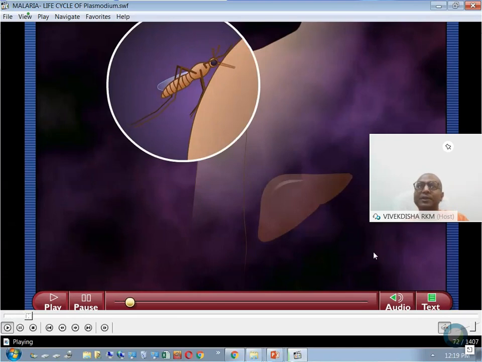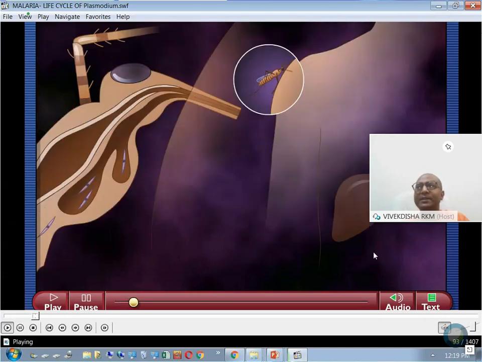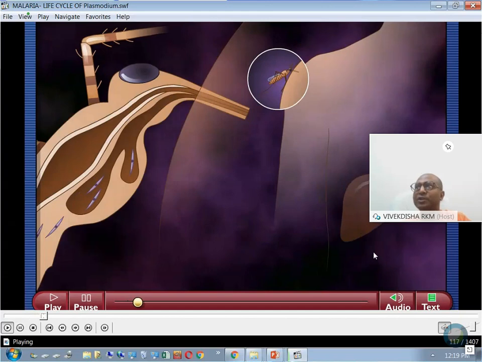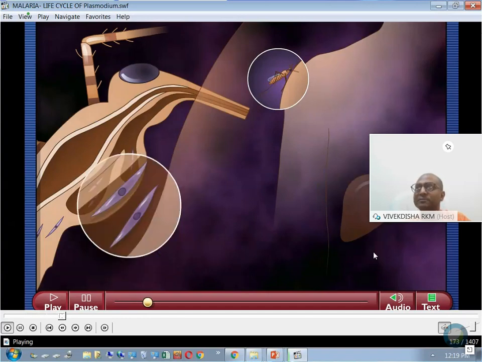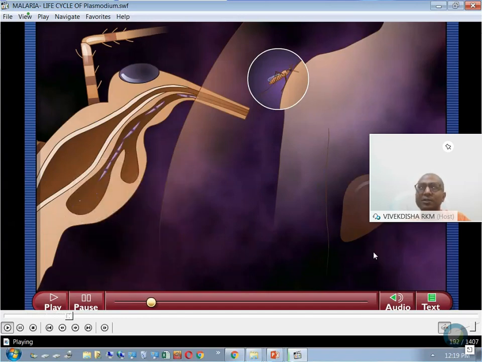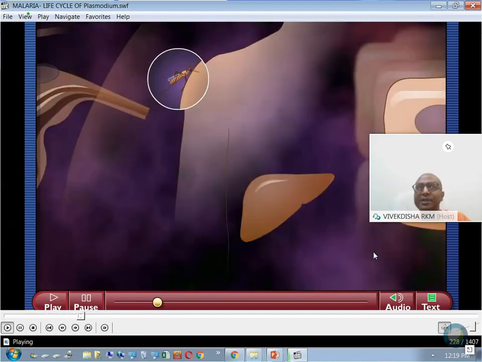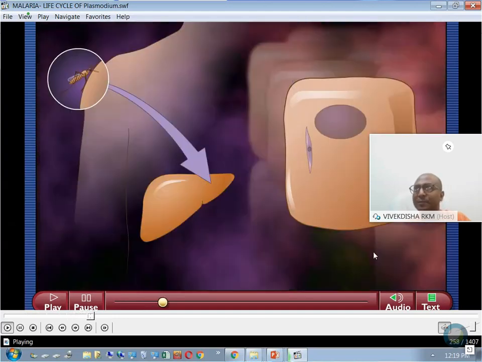After biting, they put in their saliva, and if there is this germ in the saliva, they infect the person. So the germs enter the blood of the healthy person and then come to the liver.